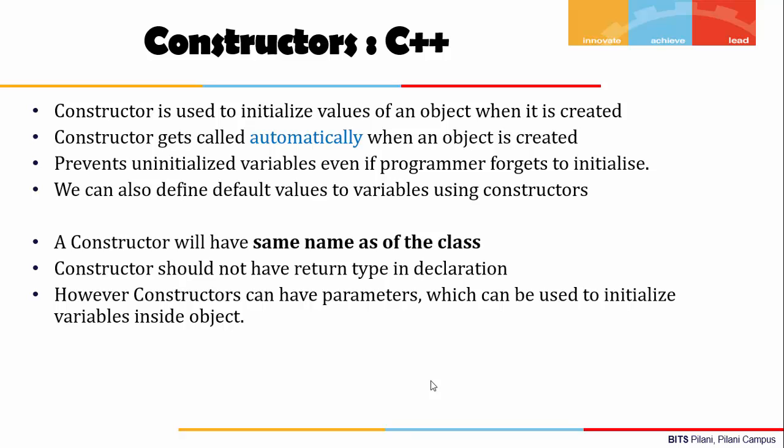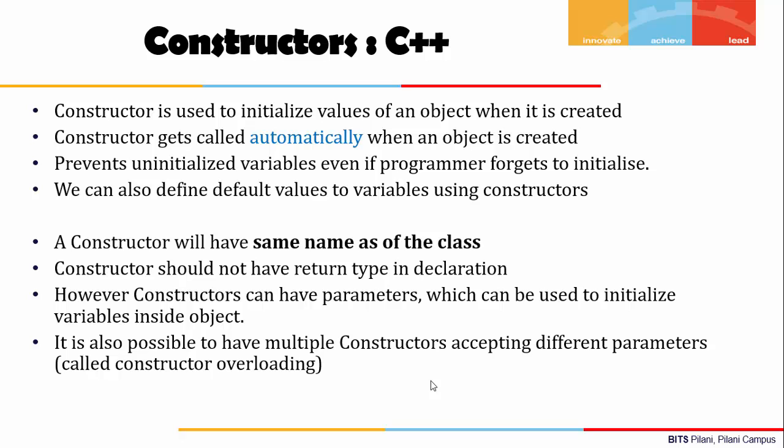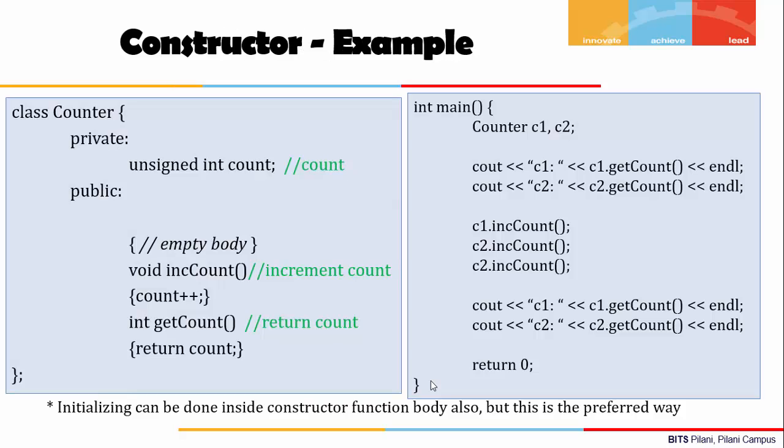Constructors can have parameters to initialize variables inside the object. Also, we can use multiple constructors accepting different parameters. This is called constructor overloading. So we will see how to use constructors, then it will become clear.